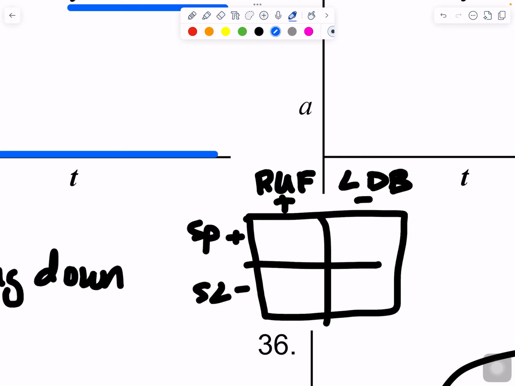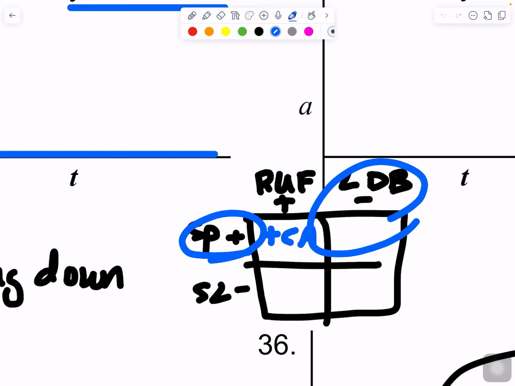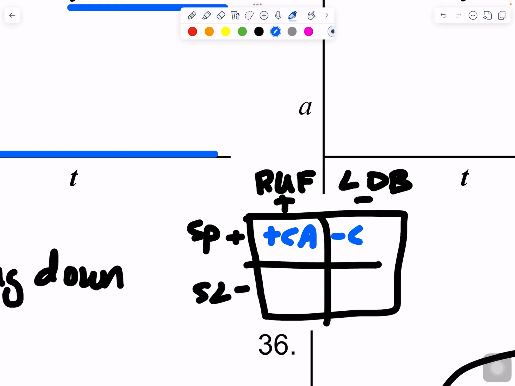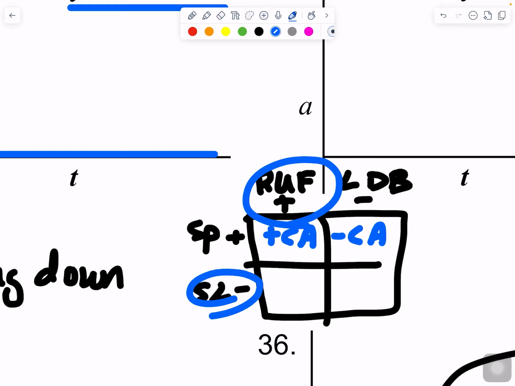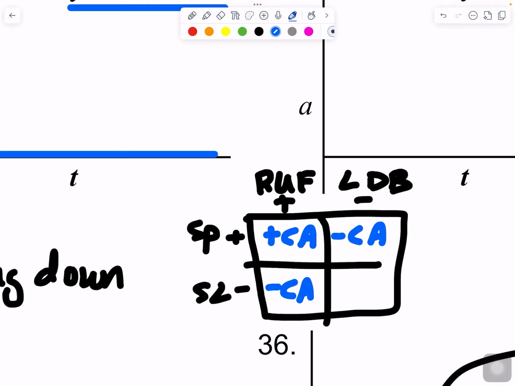If you put these two together, positive direction speeding up, that's positive constant acceleration. CA stands for constant acceleration, by the way. If I'm slowing down in a negative direction, that corresponds to negative constant acceleration. Slowing down in a positive direction, the two of those correspond to a negative constant acceleration.